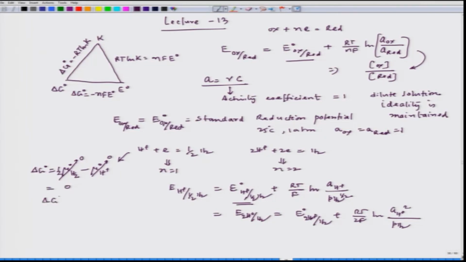So, delta G0 equal to 0 equal to minus n equal to 1 F E0. So, E0 becomes 0. Similarly, you would get the same value E0 equal to 0. This is what we have learned from our previous lectures.